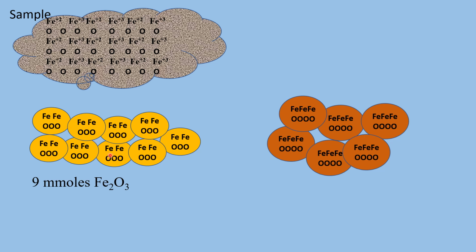You can get mass, convert it to millimoles. And then from millimoles of ferric oxide, we can determine the millimoles of iron. Since there are 2 iron units in 1 unit of ferric oxide, our factor here is 2. So 9 times 2 will give me 18 millimoles of iron, ferric iron.